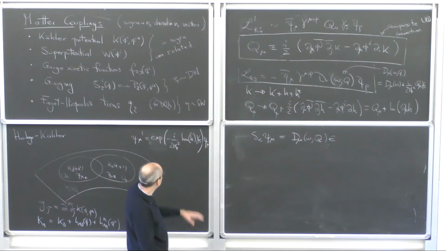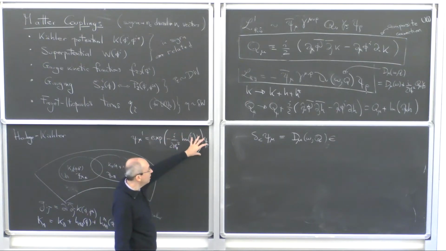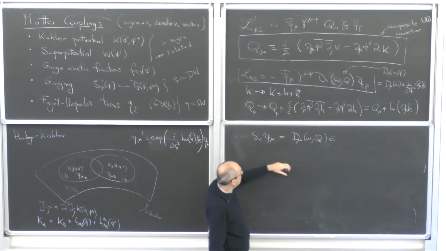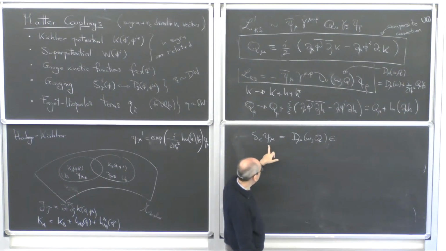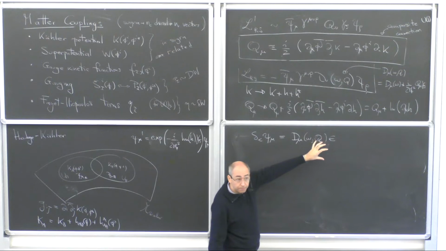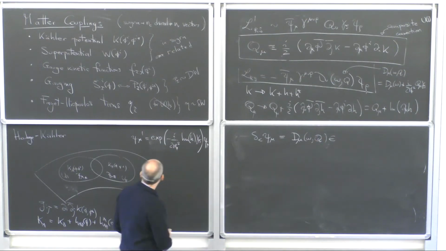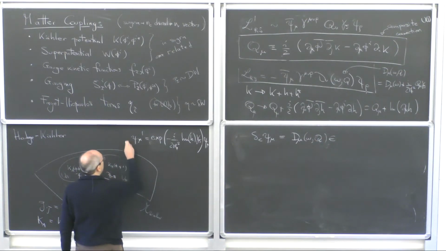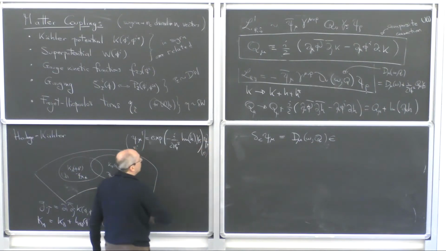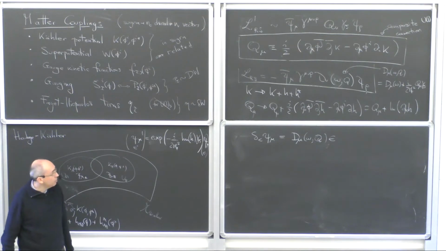Okay? If the gravitino transforms with respect to a U1 in this way, this should be covariant, which means that epsilon should transform in the same way with respect to the symmetry as the gravitino does, and of course this means that there must be some connection in here as well in order for the covariant derivative to be covariant. Okay? So this means that epsilon also transforms with the same chiral transformation as the gravitino.